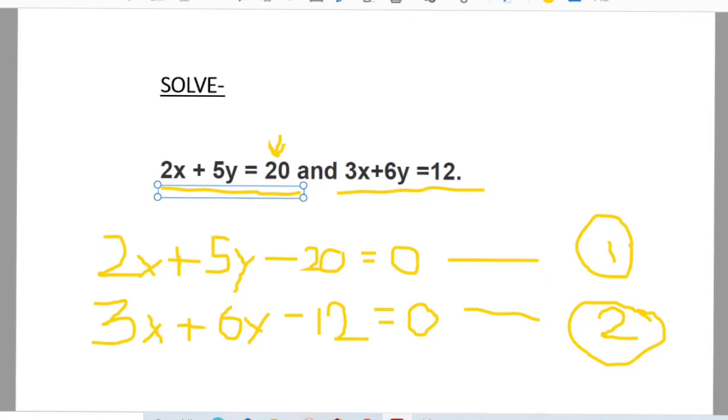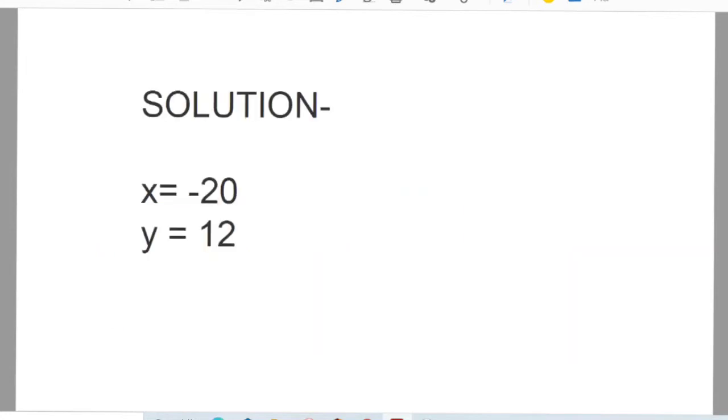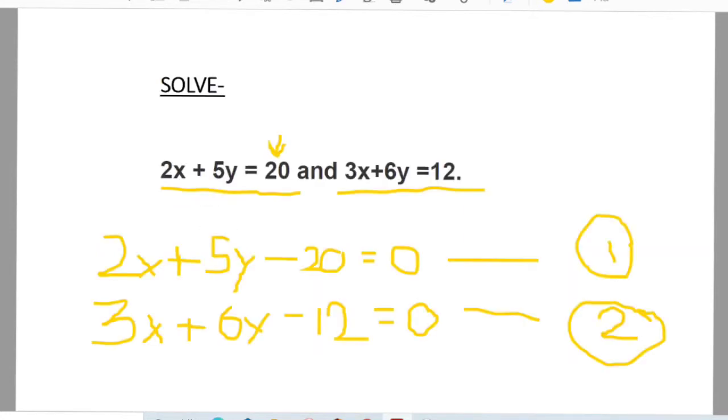Again, we can find the formula by using the same method, writing A, B, C and A, B, C, then A1, B1, C1, putting the values in it, and then finding the equation for X, for Y, and for 1.